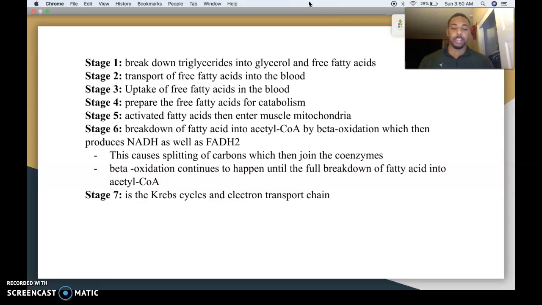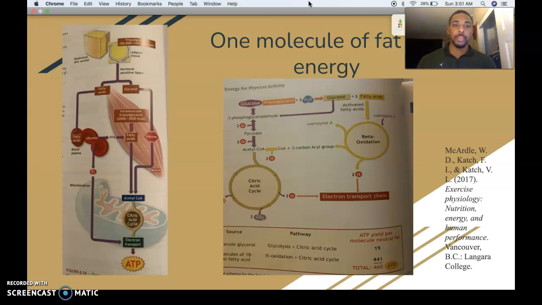Along with that, as I stated, there are 3 fatty acids. We'll go back to the diagram. These 3 fatty acids then go to beta oxidation. From beta oxidation, it joins the 2 carbon acyl groups and the CoA back to acetyl-CoA, which then goes through the Krebs cycle, as well as through the electron transport chain.